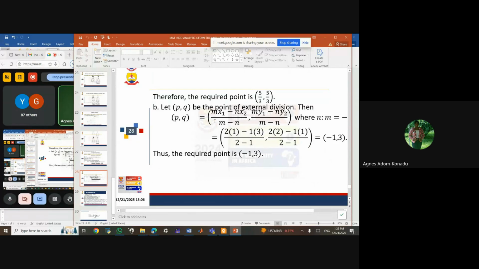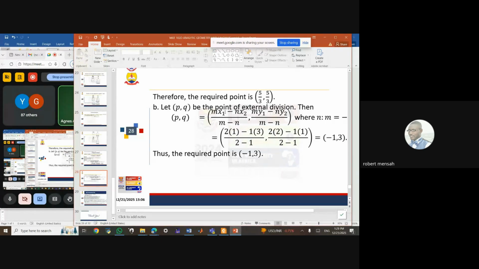So in solving, the formula is (mx1 minus nx2) divided by (m minus n). When I am quoting, my m is 2. I have the negative here. In the question, they wrote -1, but I wrote 1 because it is already negative here.